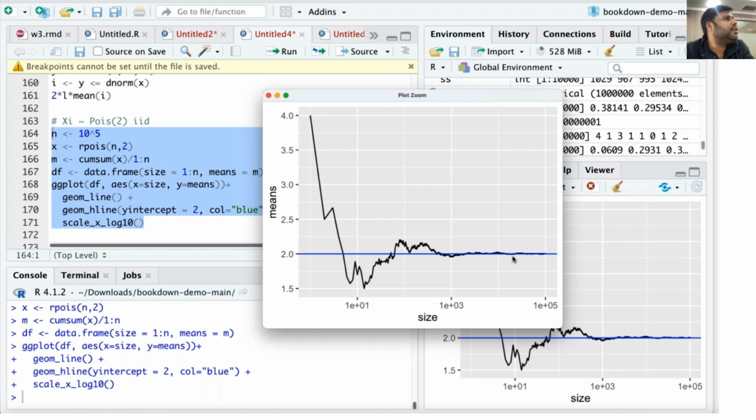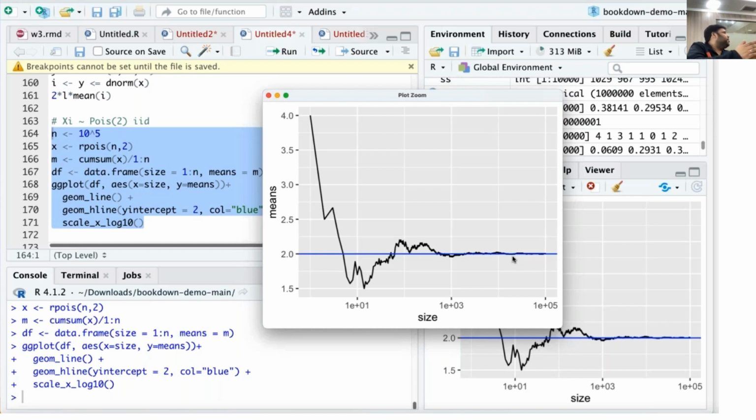Can you repeat what you were saying about using the logarithmic scale? Yeah, so the logarithmic scale is useful if you want to look more closely at what is happening to the sample mean when the sample sizes are small. If you take a sample of size 100,000 and plot it, then up to 100 will be squeezed into a very small interval.